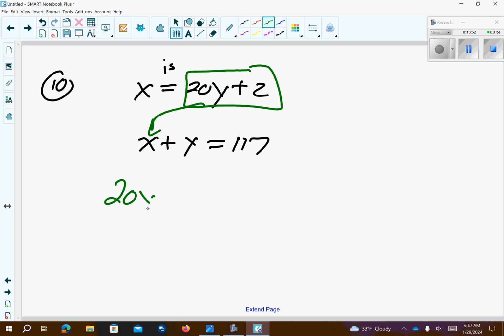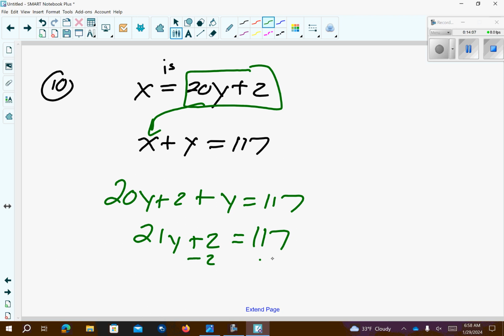I get 20y plus 2 plus y equals 117. That gives me 21y plus 2 equals 117. Subtract 2 from both sides. 21y equals 115. So using a calculator, let's see what we're going to get.